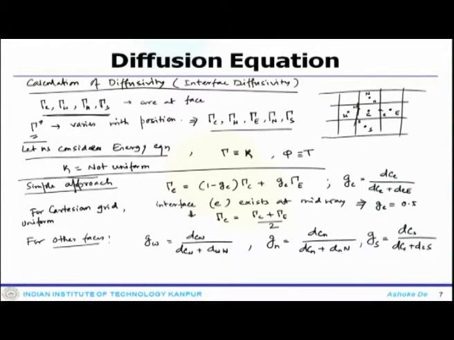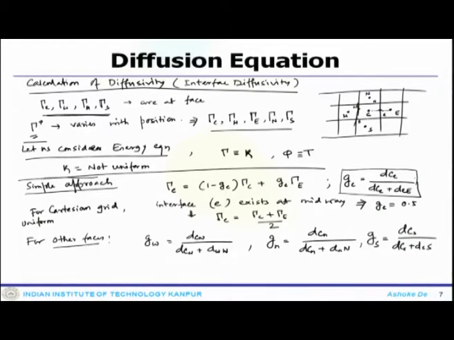So it takes care of the distance from the cell center C to the face E, and from face E to the cell center of E. That is what it takes into consideration.